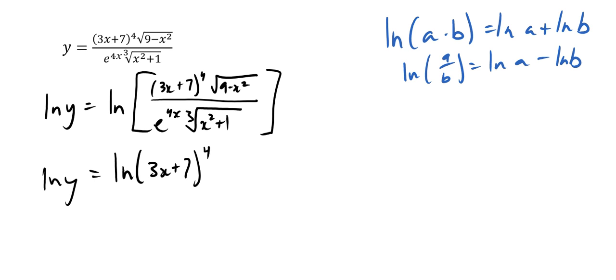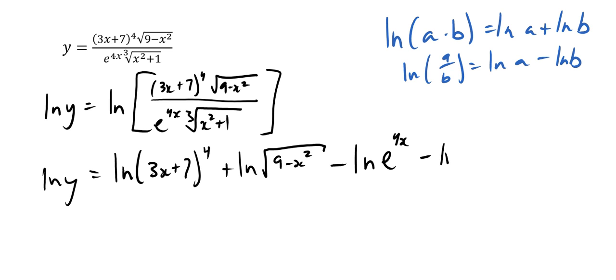Okay, plus ln of the square root of 9 minus x squared. And then I can just subtract the other 2, so I don't have to do it in 2 steps, but you can think of it however you want. Ln of e to the 4x minus ln of the cube root of x squared plus 1.